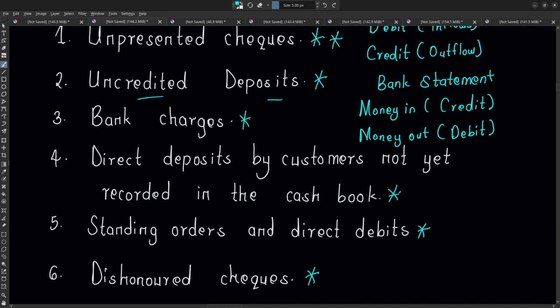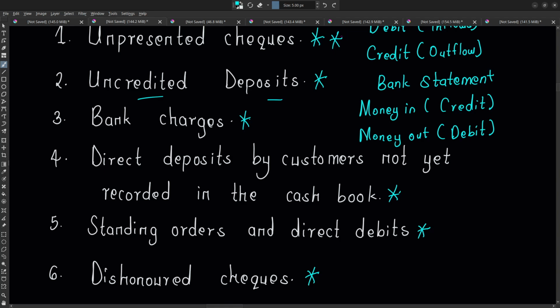So you've already passed a journal to record that you have gotten this check, but it is still being processed by the bank. So that is also going at the point when you're requesting this bank statement. This amount has not yet been cleared by the bank. Okay, so these are the main causes of the difference between the cash book and the bank statement.